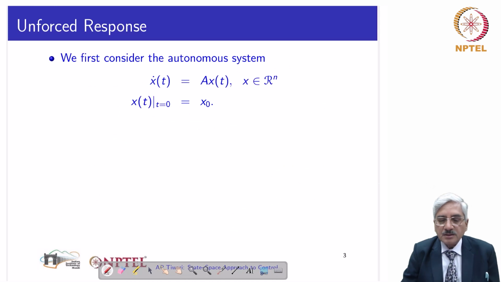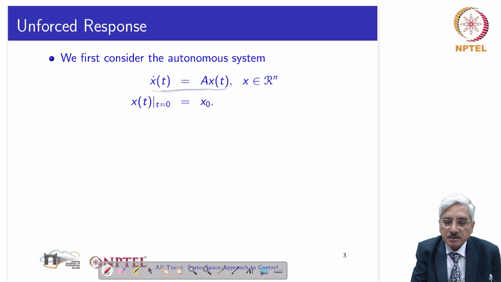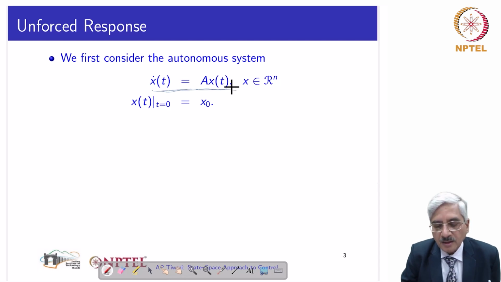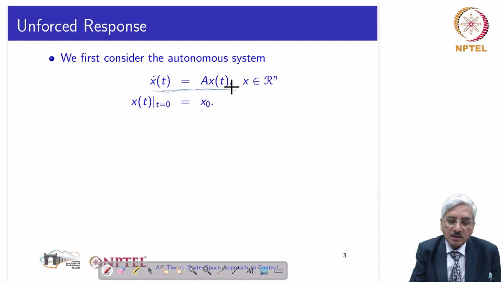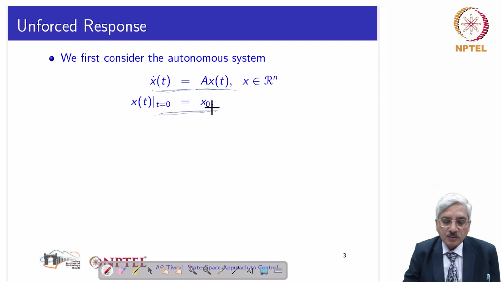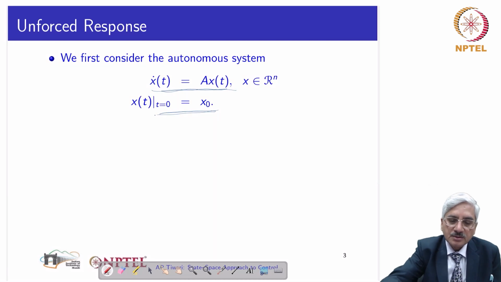We consider first the autonomous system, that is x dot equal to Ax only, and the input is treated to be 0 or input is not applied. So we will obtain its solution, and of course the initial condition is specified at t equal to 0 as x0.